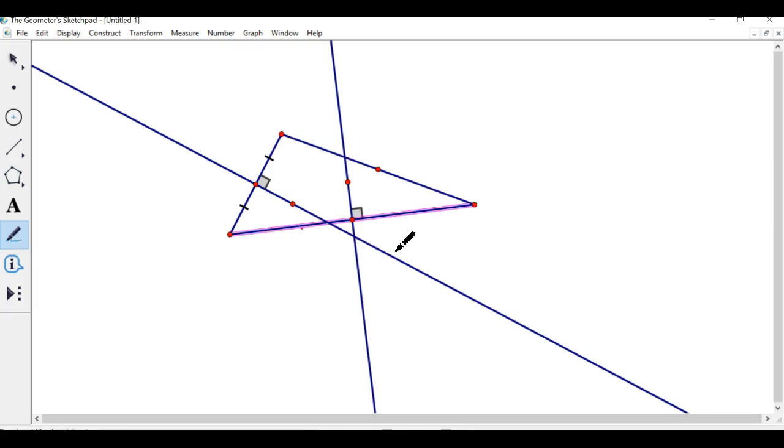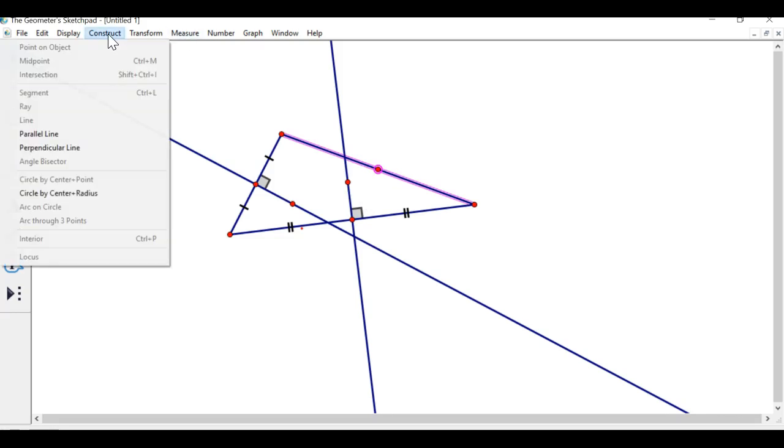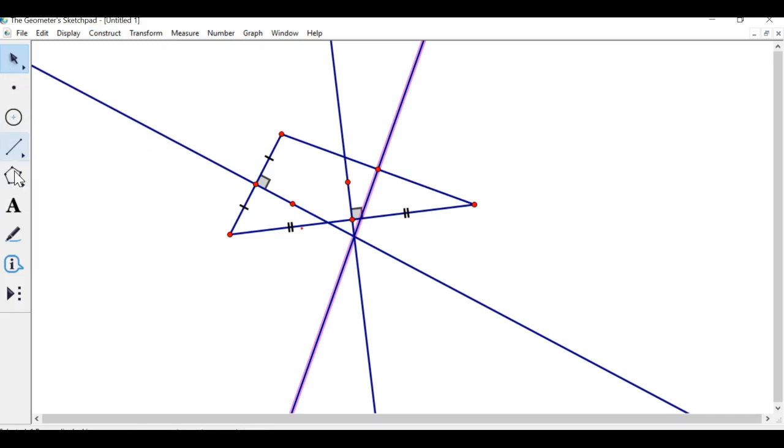But this is now for that side. And I'm going to construct a perpendicular bisector also for this side. So there we go, and that one is also perpendicular and bisecting the side.